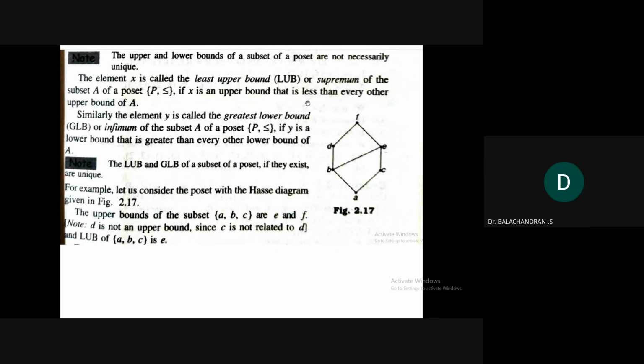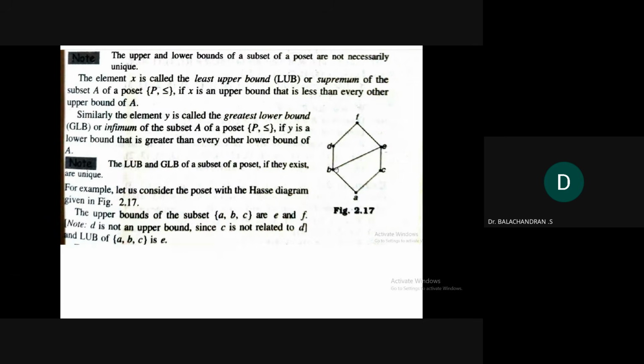Next, the lower bound of the subset {D, E}. What is the lower bound? A and B are lower bounds for the set D and E. But C is not a lower bound because C is related to E, but C is not related to D. So the lower bounds for the set D and E are A and B. Among A and B, which is the biggest one?